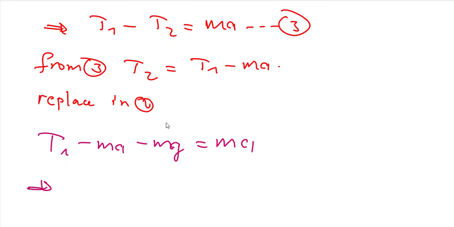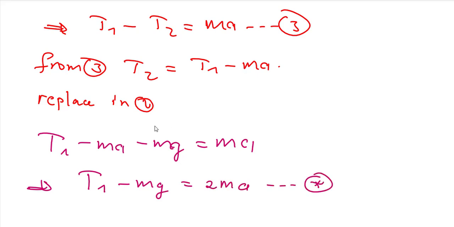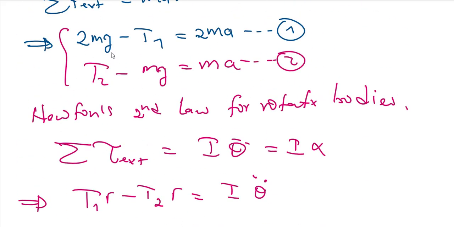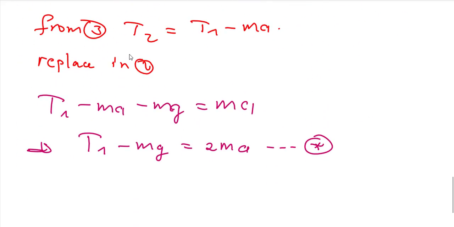So if we rearrange, we are going to have T1 minus mg is equal to 2ma. I will call that equation star, and I will solve it simultaneously with equation 1. Equation 1 is 2mg minus T1 is equal to 2ma.